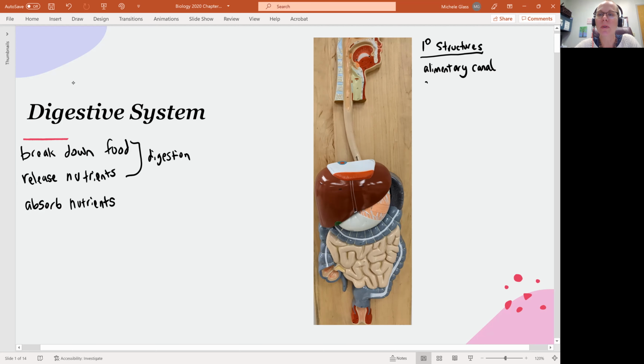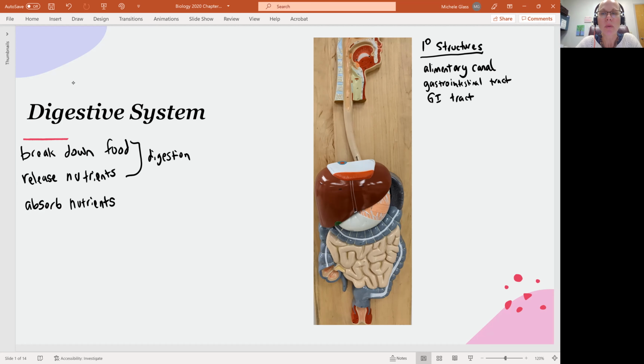Or very often we'll talk about it as the gastrointestinal tract, or the GI tract for shorthand. And what we'll see is the primary structures are extending, it's a tube from the mouth to the anus. And that's all it is, except along the length of the tube, we have highly specialized areas. And so we'll be going into the details of those as we go through.